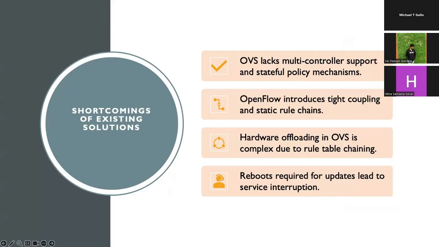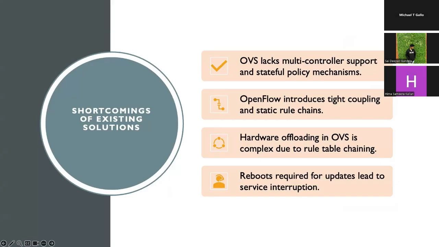There's also hardware offloading in OVS. It's very challenging because of the complex rule table chaining. For example, implementing VXLAN encapsulation within all the different security groups in hardware would require a lot of coordination between the different rule tables, which makes it really difficult to optimize at cloud scale.